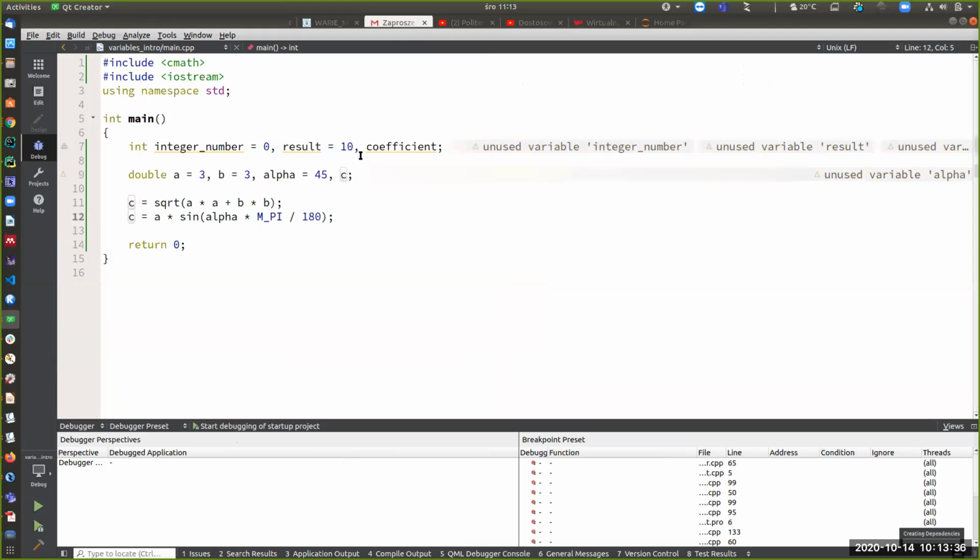Sinus takes the argument in radians, but my error was that I have a triangle. Here I have 45 degrees, and here I have b.